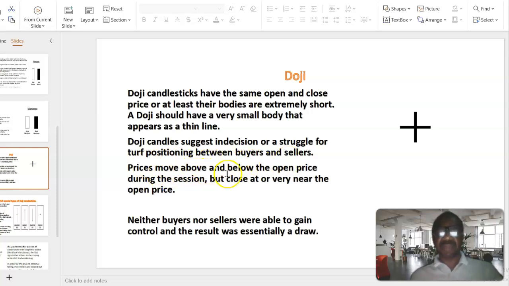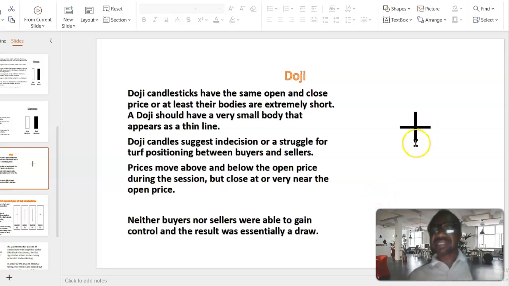Price moves above and below the open during the session, but closes at or very near the open price. Neither buyers nor sellers were able to gain control of the result.